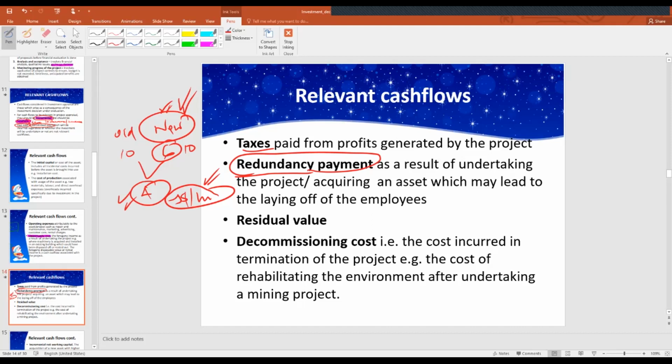Then you have the residual value. They call this the scrap value, also the disposal value. Assume that you bought this machine in year 2020, and now in year 2030, that is 10 years later, you are able to dispose of it in the secondary market.